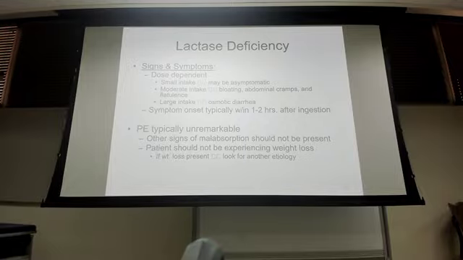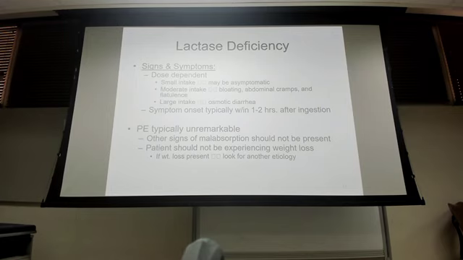What are they? They're usually dose dependent, so a small amount of lactose may be fine. A little bit of milk, a little bit of yogurt may be okay, but moderate is when you're going to have bloating, abdominal cramping, and flatulence.